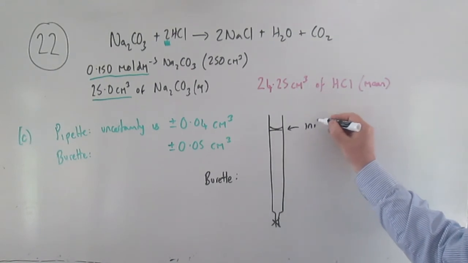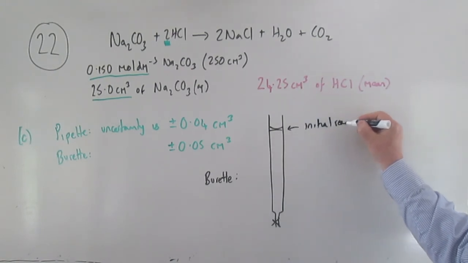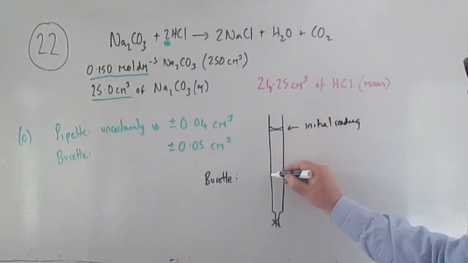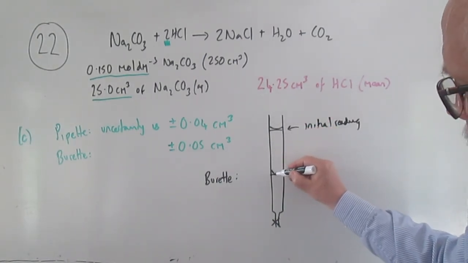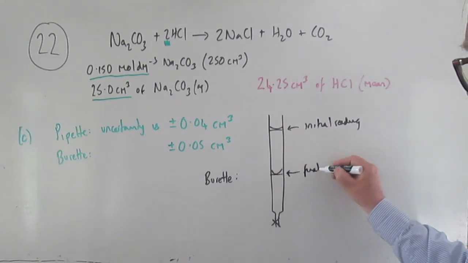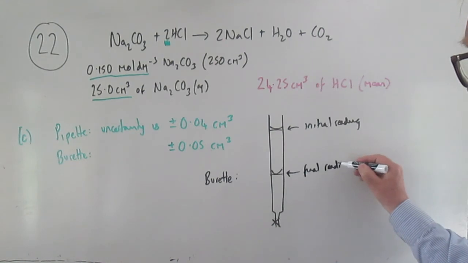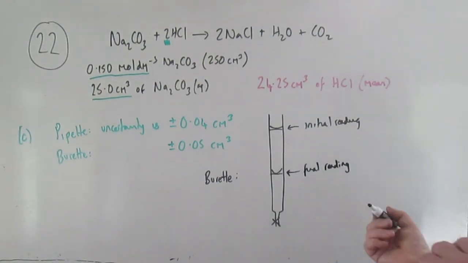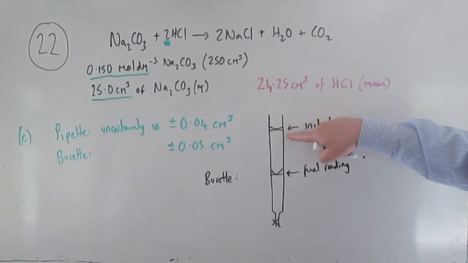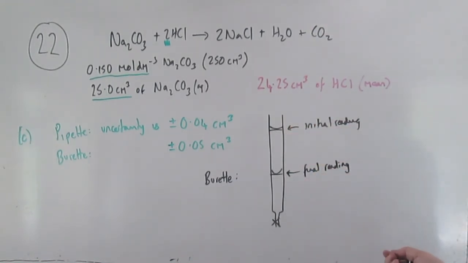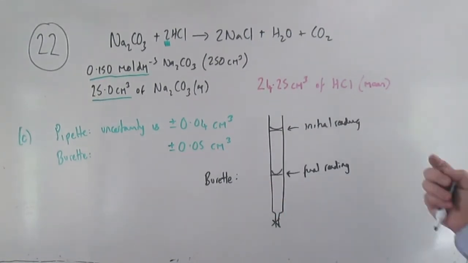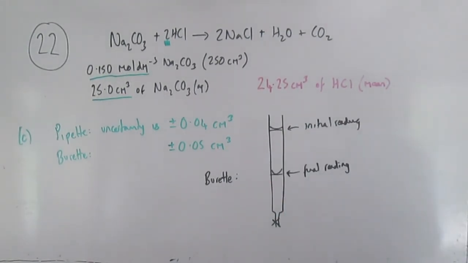So you get your initial reading, and that has an uncertainty of 0.05, and then you run some out and you get a final reading which is there, and that also has an uncertainty of 0.05, and they could be in opposite directions. So this one you could be overestimating and this one you could be underestimating, or vice versa. So the maximum total uncertainty is actually 2 times 0.05 cm cubed.